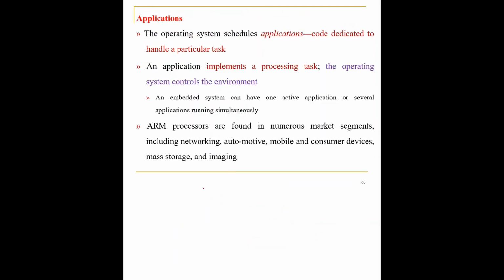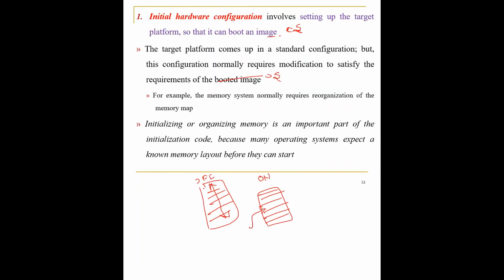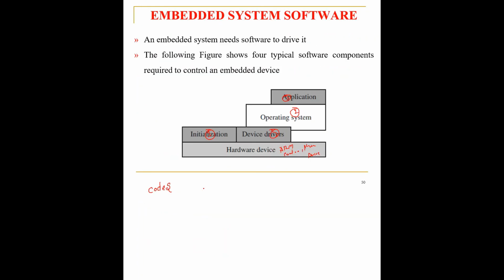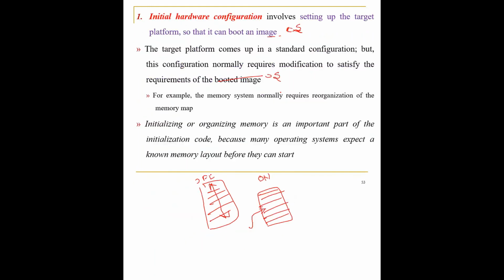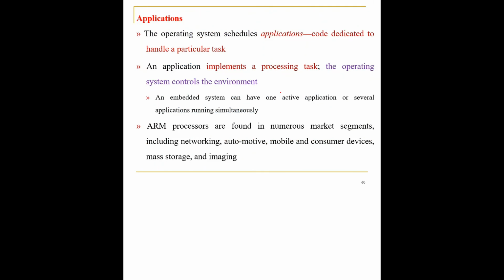Moving on further, the last part of your embedded system software, if you go with the block, you can check out here: applications. So we'll check out applications. What are these applications basically? The operating system schedules application code dedicated to handle a particular task.